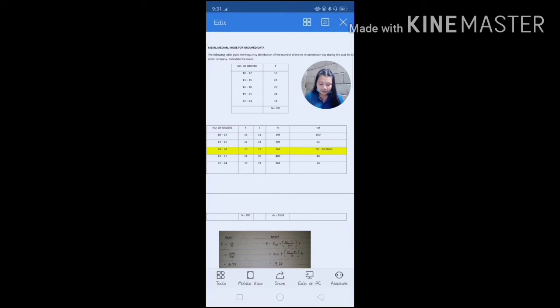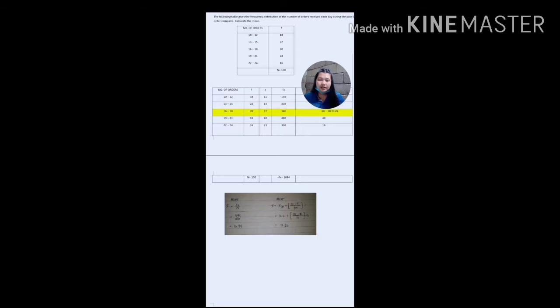The sum of the products divided by the total number of values will be the value of the mean. The formula is mean equals fx over n, where fx is the sum of the products, and n is the total frequency. So the result is 16.94.